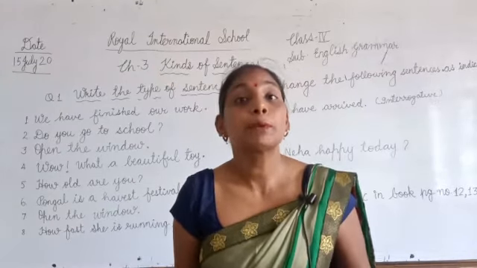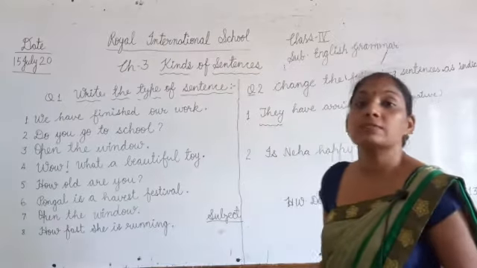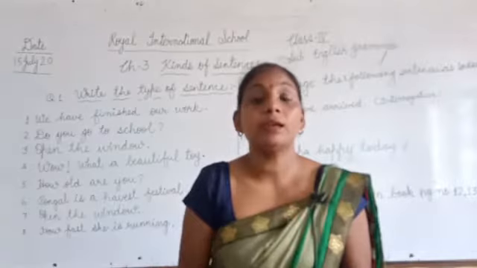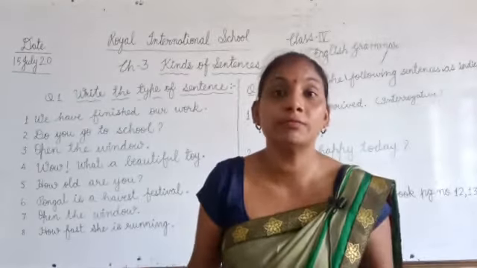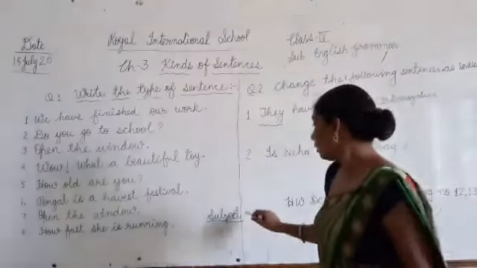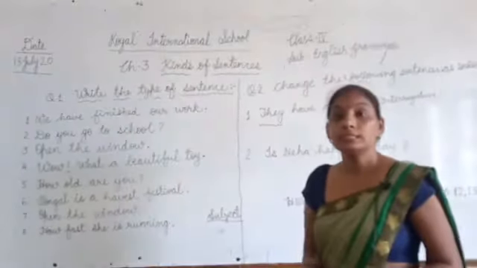These are the pronouns. We use these words at the place of subject. The subject can be in one word or more than one, more than two. Is that clear, students?